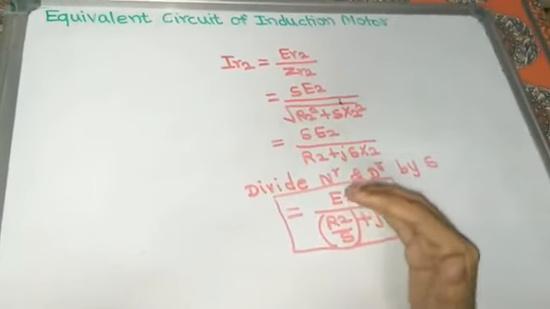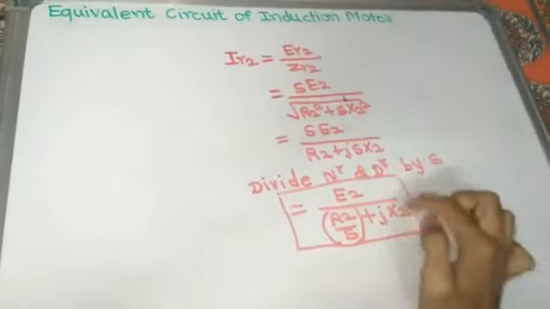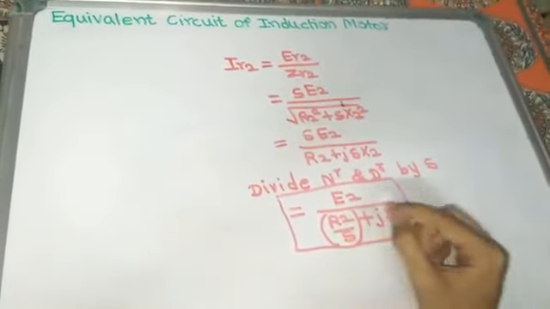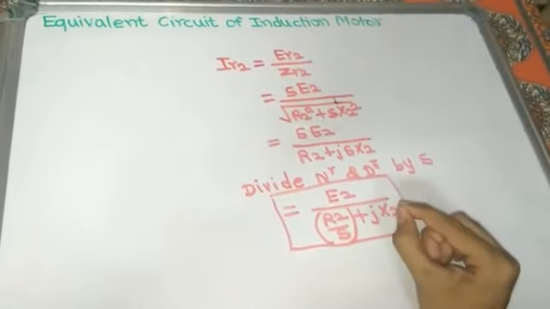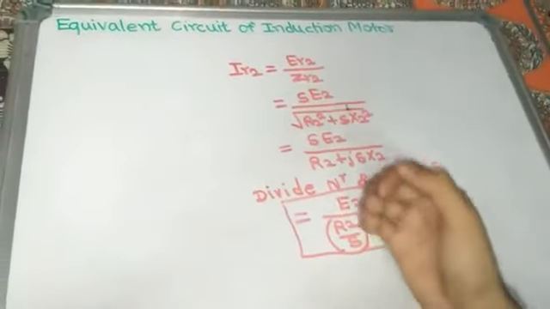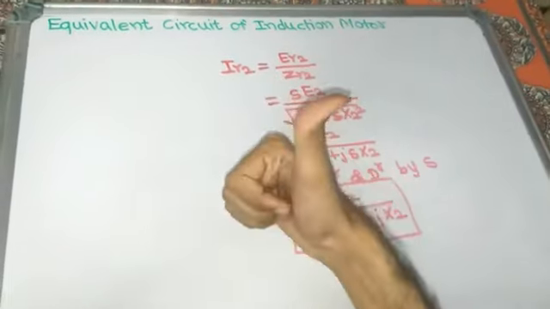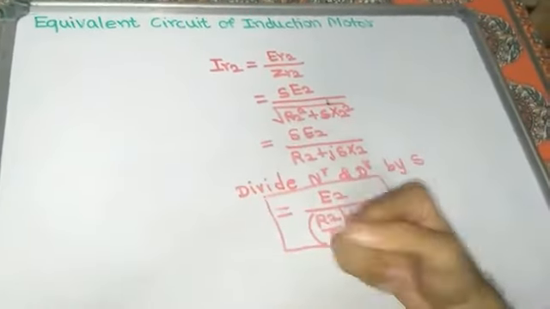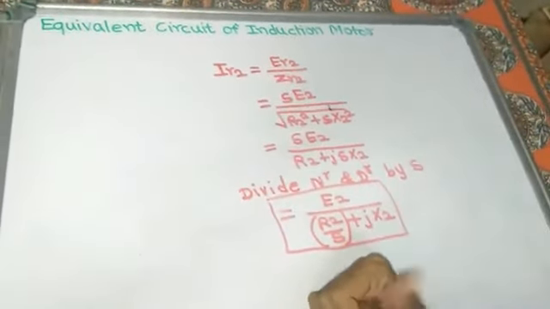Slip means the rotor resistance per phase depends only on slip, and all other things are not dependent on the value of slip. So by this equation we can say that the frequency of the rotor also does not depend on slip. That means when you start the motor, the slip value is 1, and the slip value reduces when the motor catches speed, and so the slip frequency also reduces, we know that.